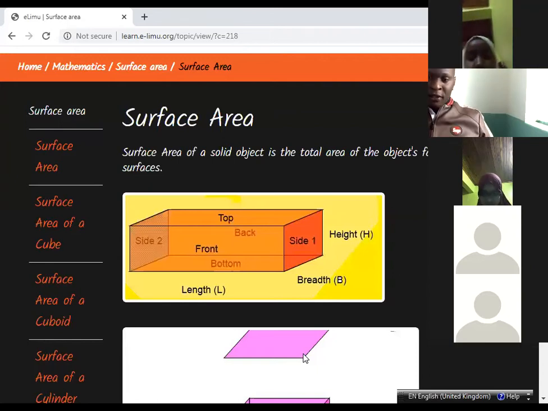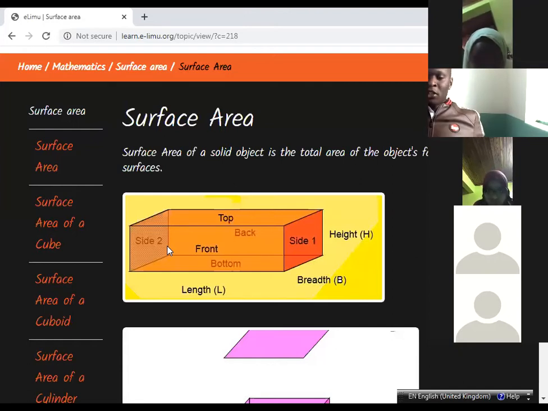Now let us move on. There is the top and the bottom. We begin with the bottom. The length of the bottom is 8 centimeters, while the width of the bottom is 5 centimeters.